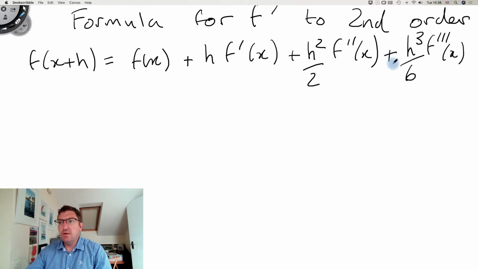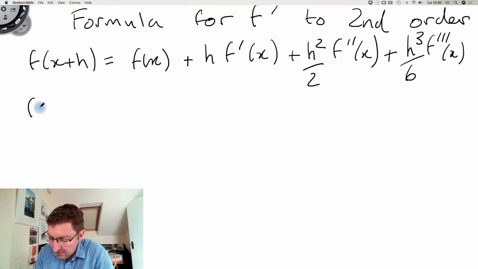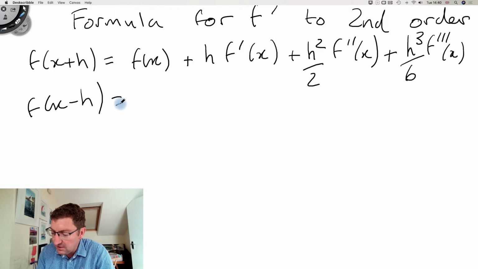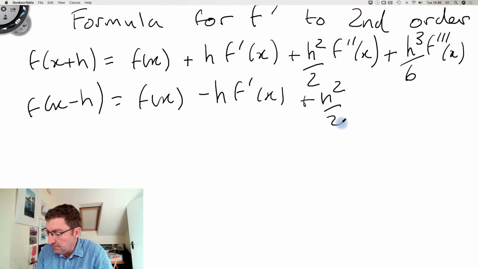Note that I only leave using the order notation until right at the end. The reason is that the order notation, whilst a useful shorthand, does hide the sign, and if you're adding and subtracting lines of equations, it's important to keep the sign retained. So then we do f of x minus h, and all the odd terms go to negative sign, everything else remains the same.